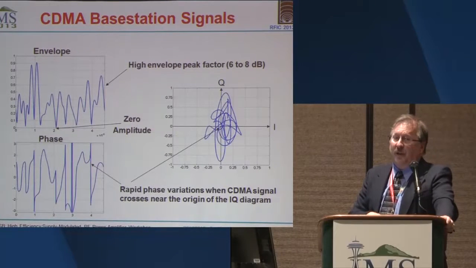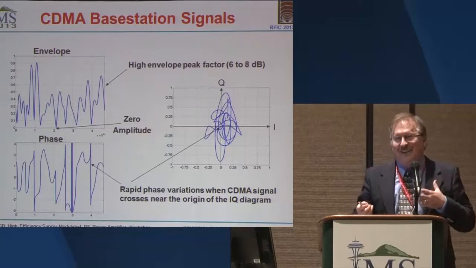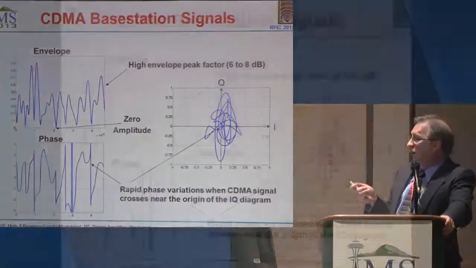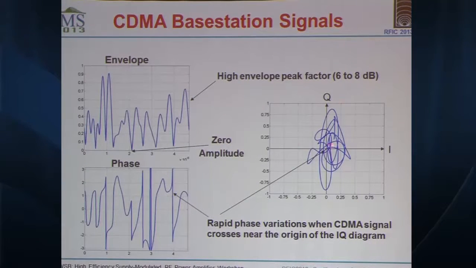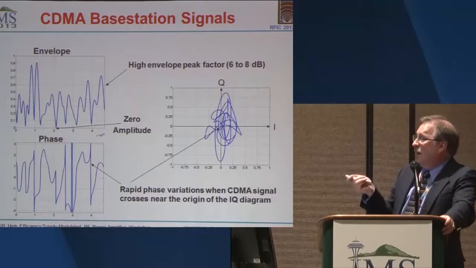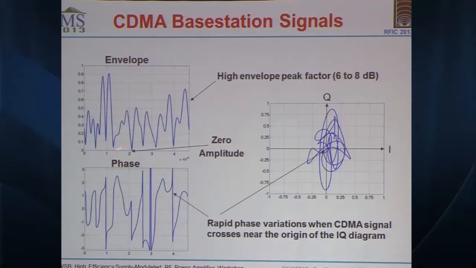Now, there's some complications to that calculation. I made it sound simple in the first slide. Now I'll dive into some of the issues that show up. A lot of those issues happen with the phase down here at low values. When we talk about a modulated waveform, we can look at it in a polar form like we have on the left-hand side, or I can look at it in an IQ form over here.